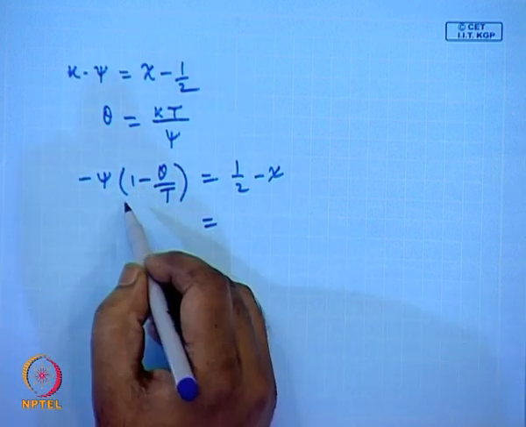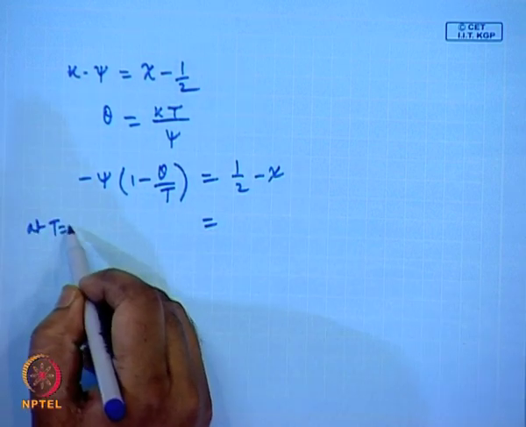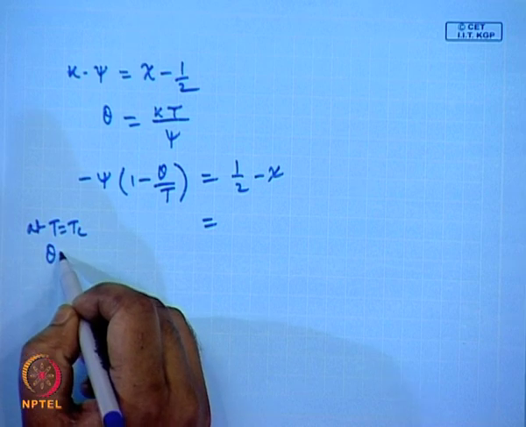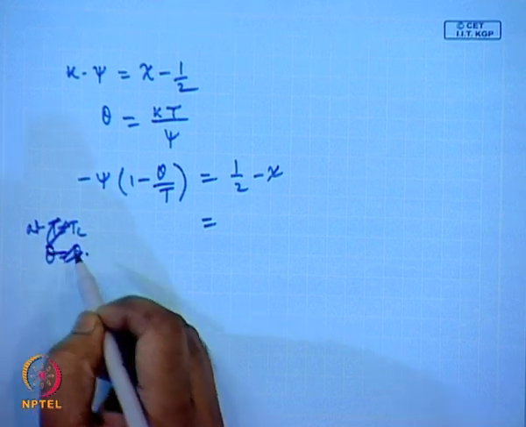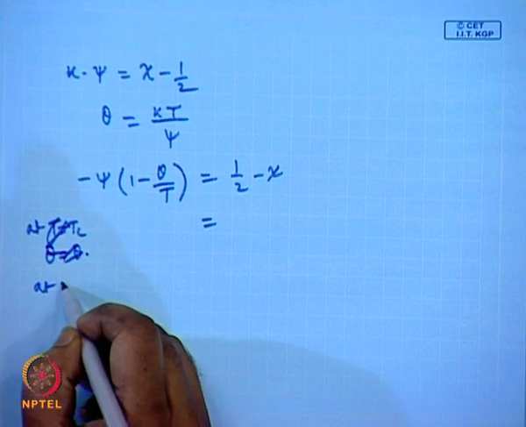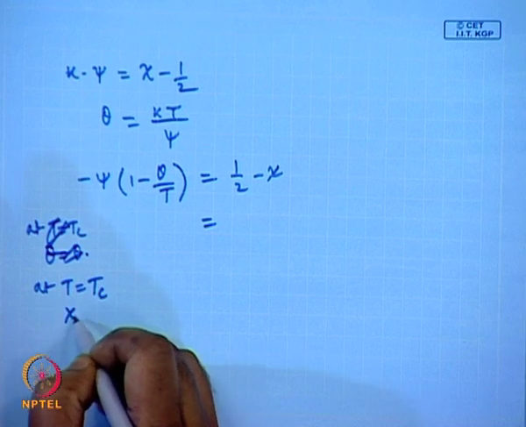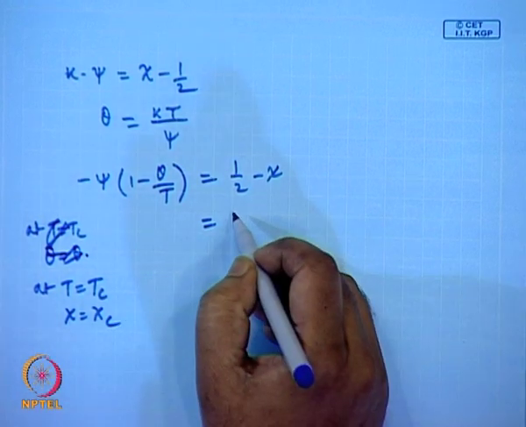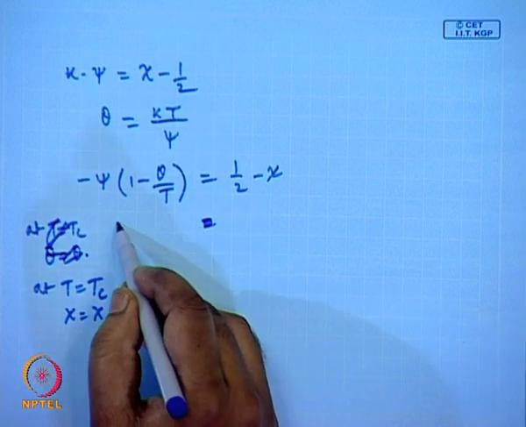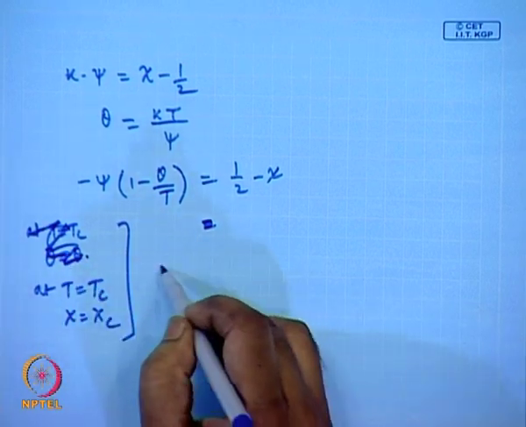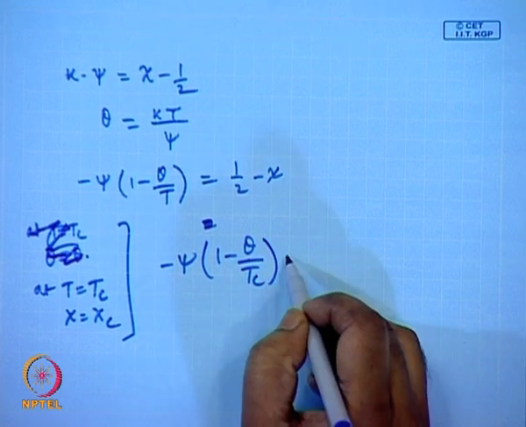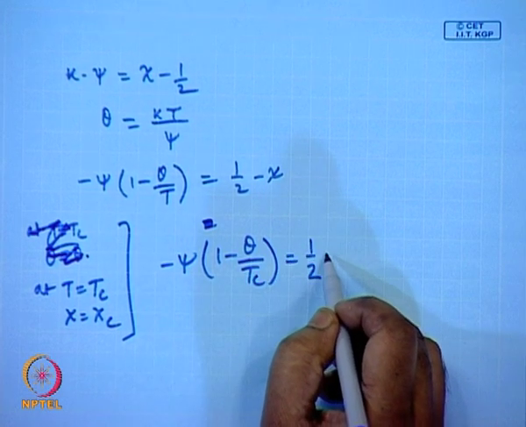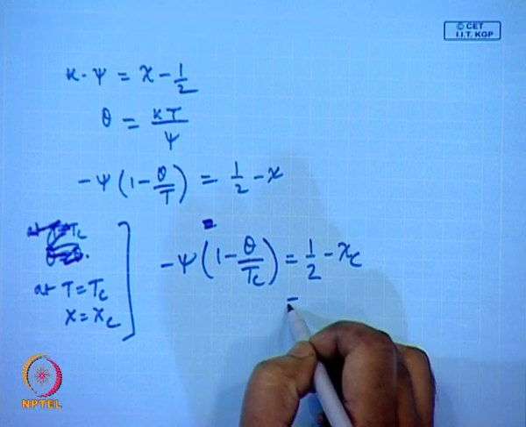We can set T equal to T c and theta equal to theta c. At T equal to T c, chi is equal to chi c, and we can write from this minus psi 1 minus theta by T c equals half minus chi c.